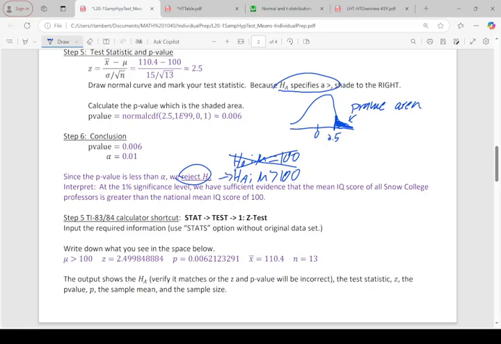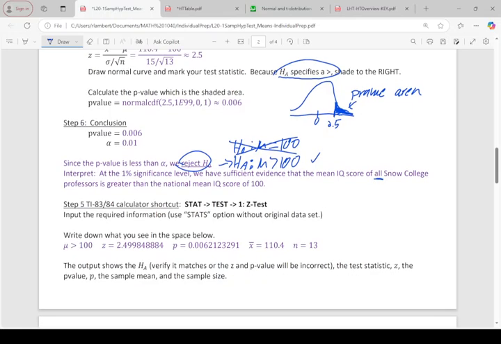So, therefore, the other idea is probably true, which means that we have sufficient evidence at the 1% significance level that the mean IQ score of Snow College professors is greater than the national mean. The mean IQ score of all. So we used the data from 13 randomly chosen Snow College professors to test a claim about all Snow College professors. In this case, the evidence was strong enough that we can make a claim.